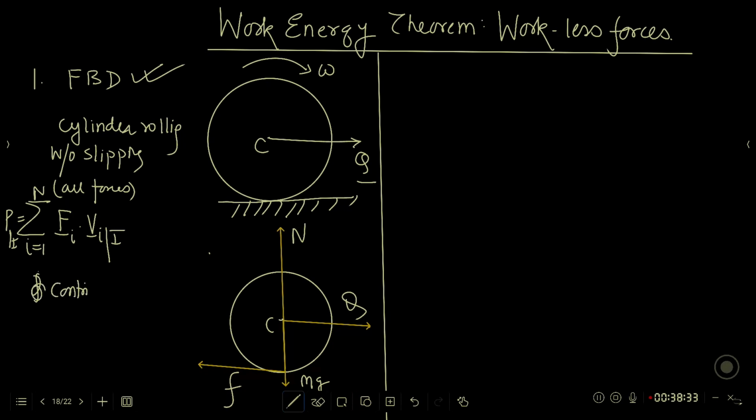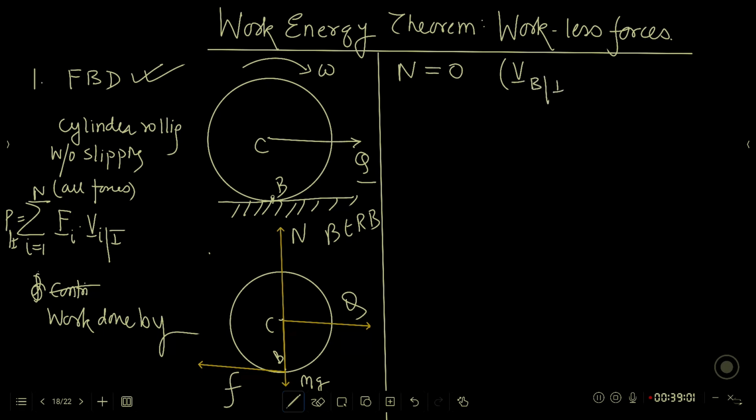The work done by N will be zero. Why? Because, let this point of contact be B, B is part of RB, V_BI is zero.